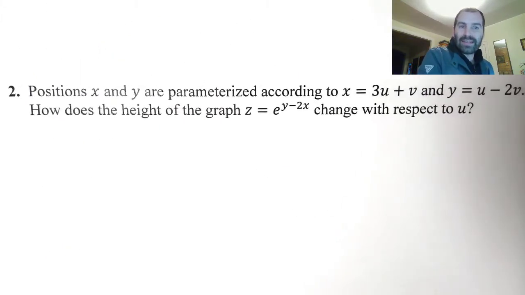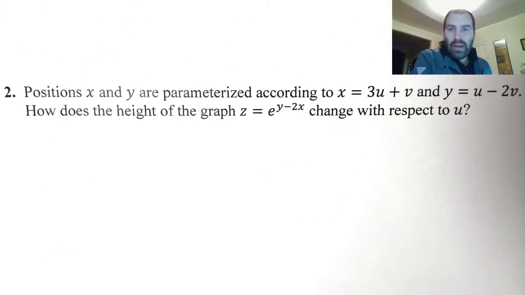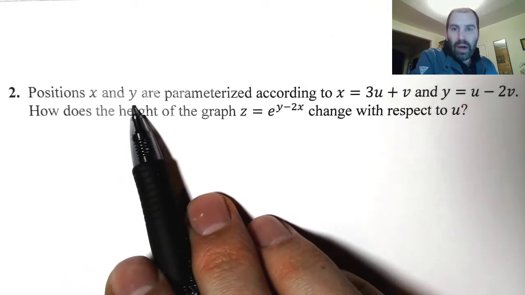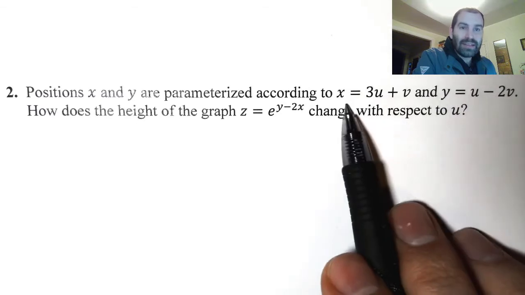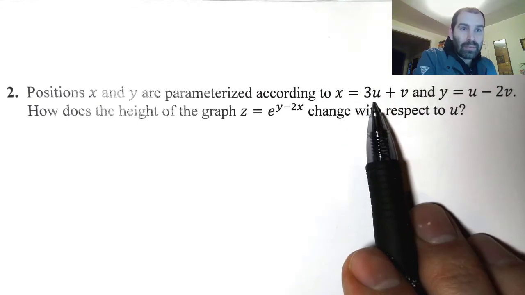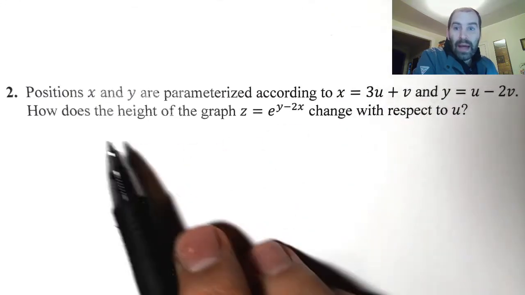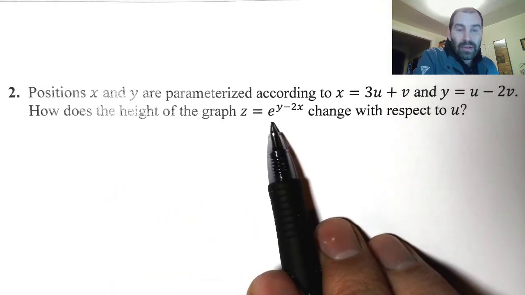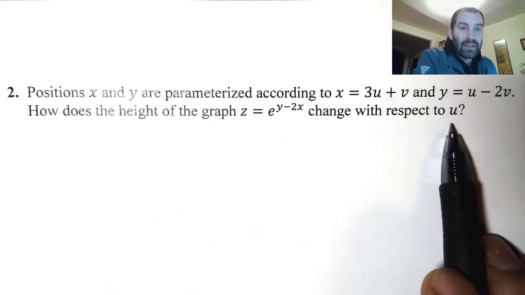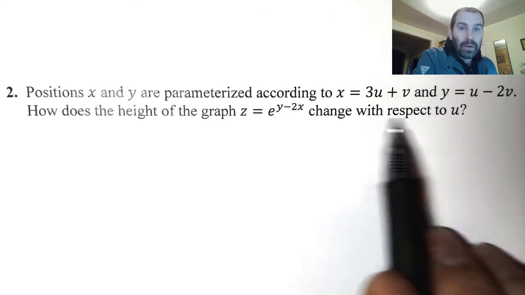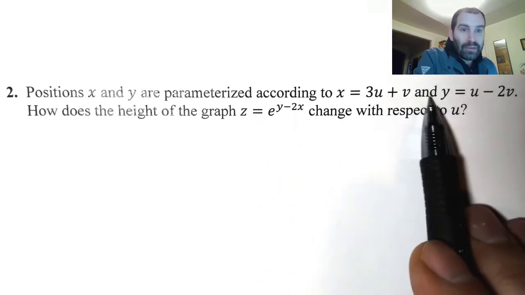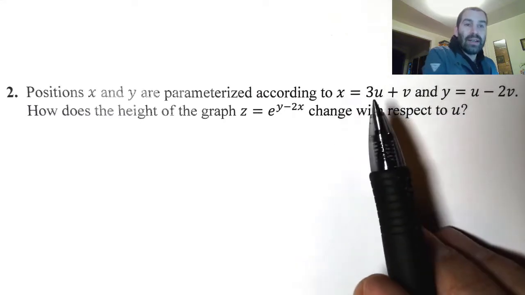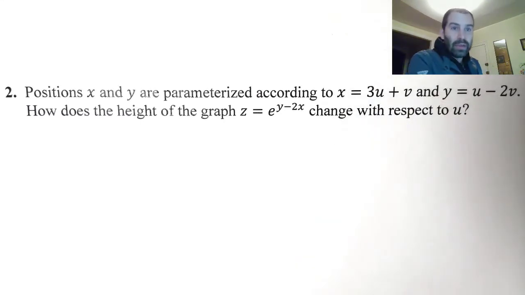All right, in this next example, positions x and y are parameterized according to the following parameterization, so x and y depend on other parameters u and v. How does the height of the graph, given by this, change with respect to u? Well, z is a function of x and y, which are functions of u and v, so this is a situation where the chain rule is applicable.